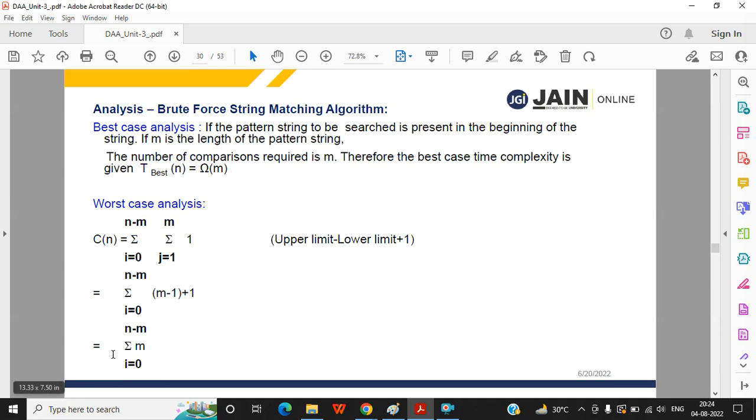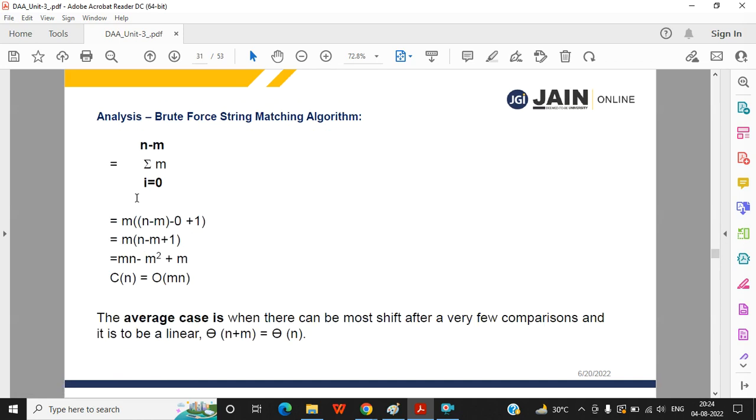Like that, how many times will this m be summed up? It will go for n minus m times, starting from 0.